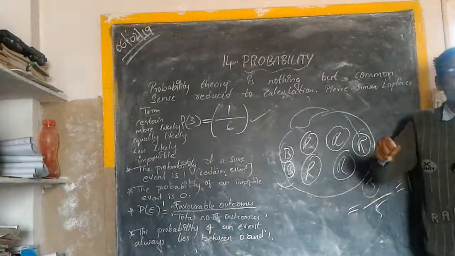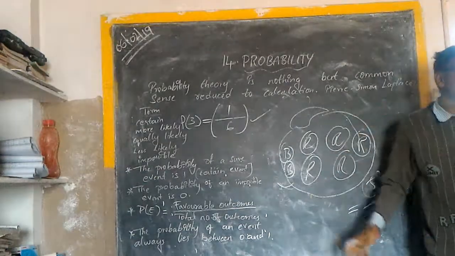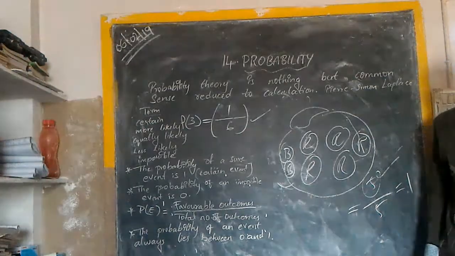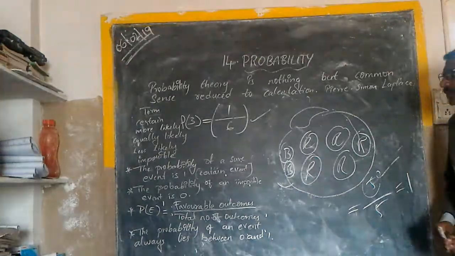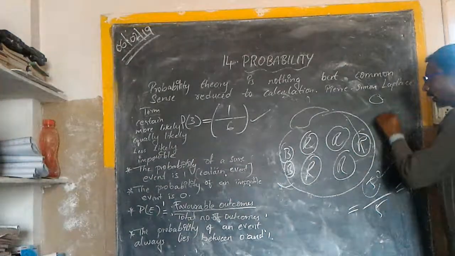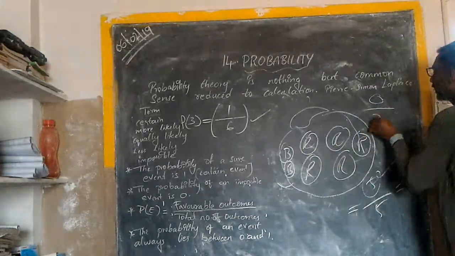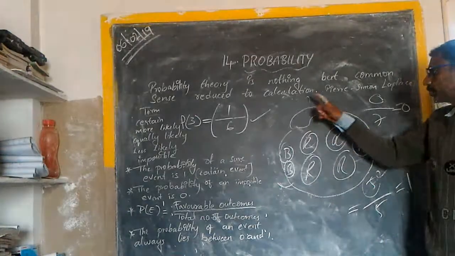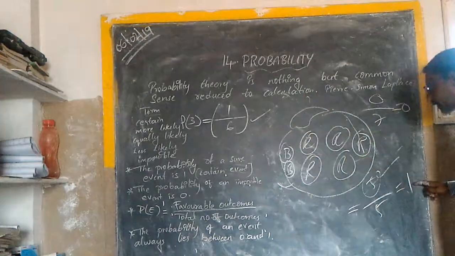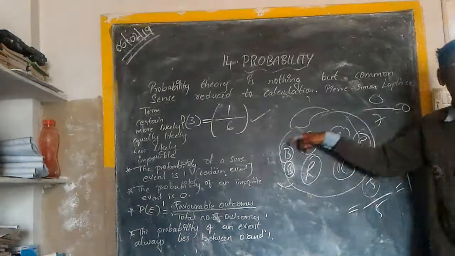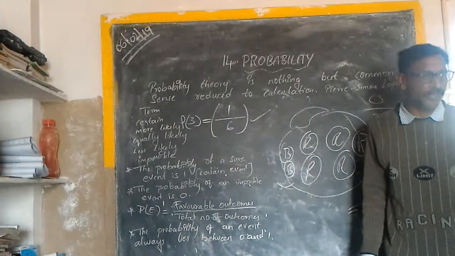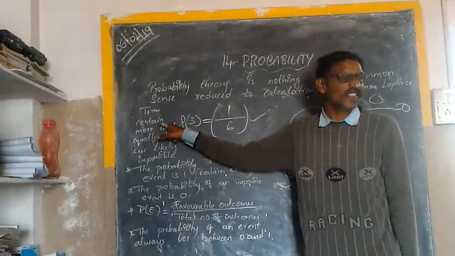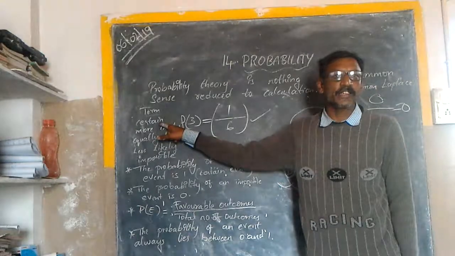Suppose I would like to take a ball from this bag that must be a yellow ball. Is it possible? Impossible. That is called an impossible event. An impossible event means there is no chance. 0 by total 1, 2, 3, 4, 5, 7 is nothing but 0. So for an impossible event, the value must be 0. 0 is an impossible event, 1 is a sure event, and probability lies between 0 and 1. So certainty means sure event only. Do you understand my point?